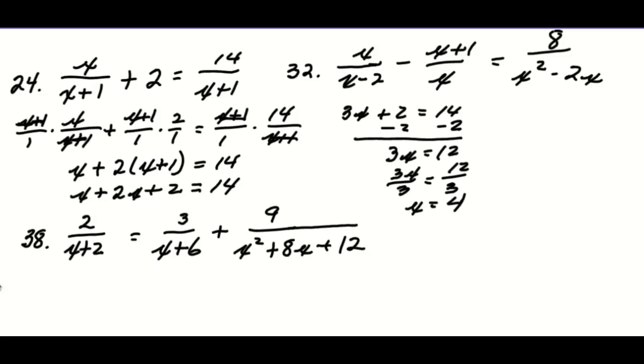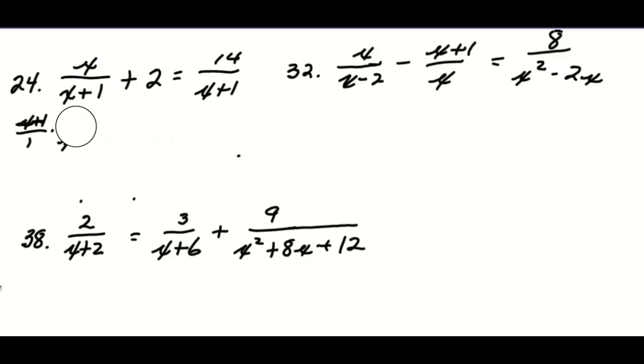So it's kind of nice with these, we actually get a number or an answer for x. We're not simplifying expressions, we're actually solving equations. All right, now I need some space there, so we're going to go ahead and erase this.